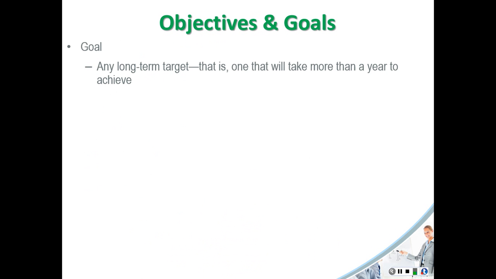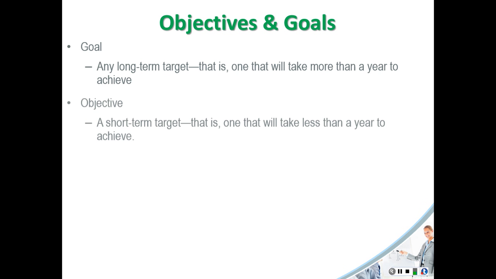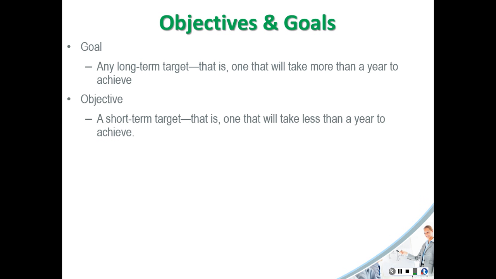Objectives and goals. A goal is a long-term target, and it's one that will take usually more than a year to achieve. That's a goal. The objectives are all the little steps that you have to accomplish to reach the goal. It's like the goal is, I want to get in my car and drive to California. I want to go to Los Angeles.